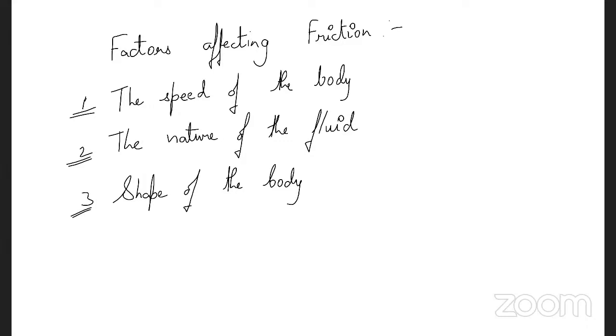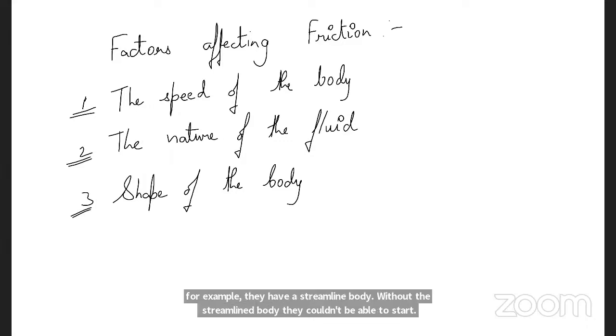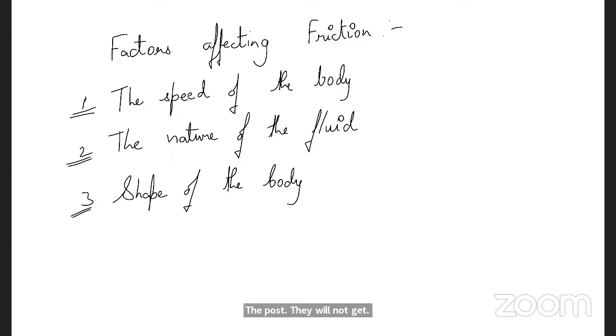Without it, the force they would get would not be the right amount. That is correct. The shape of boats and ships is made in such a way that they can cut through the resistance and move forward. That is why they are shaped like that.